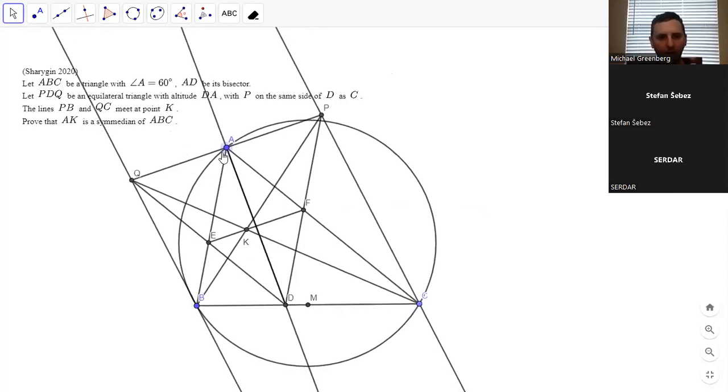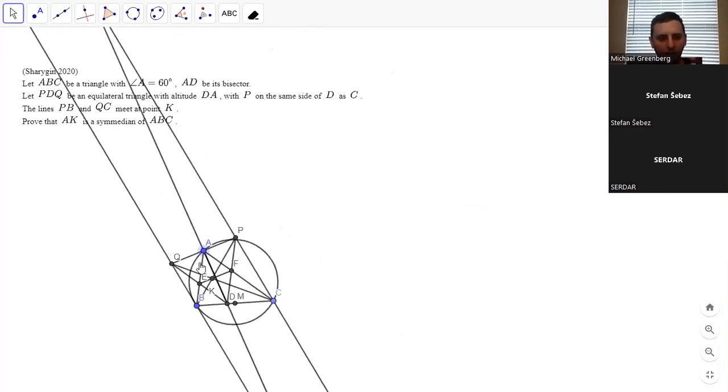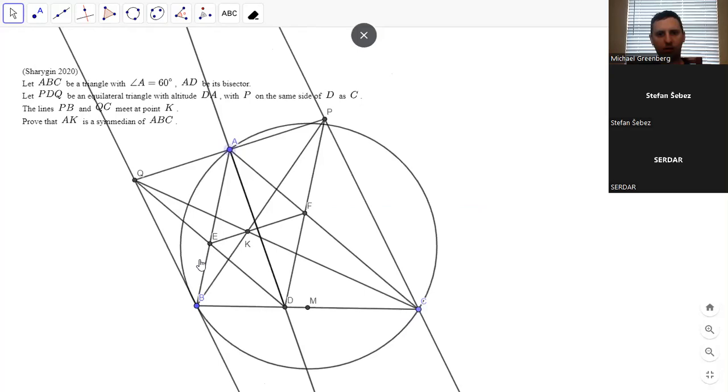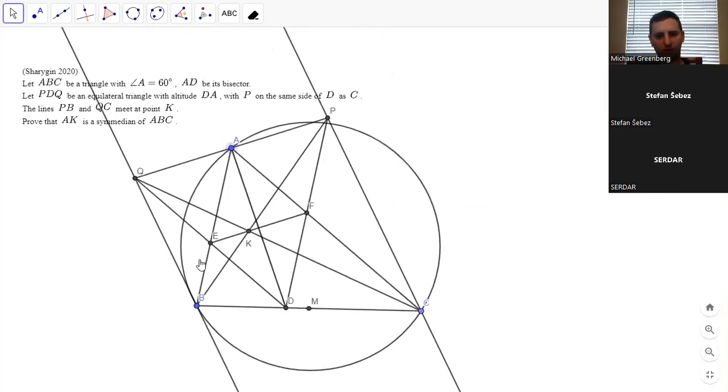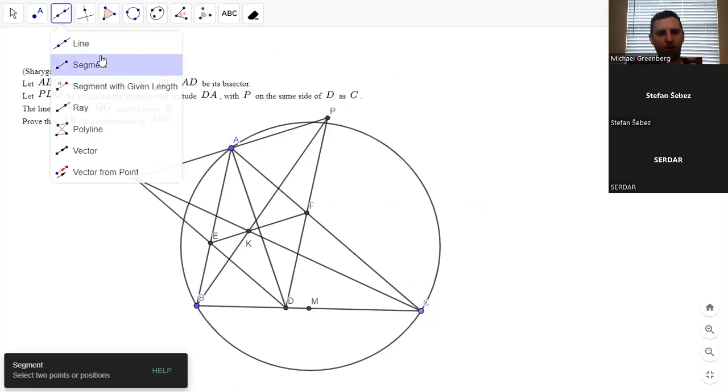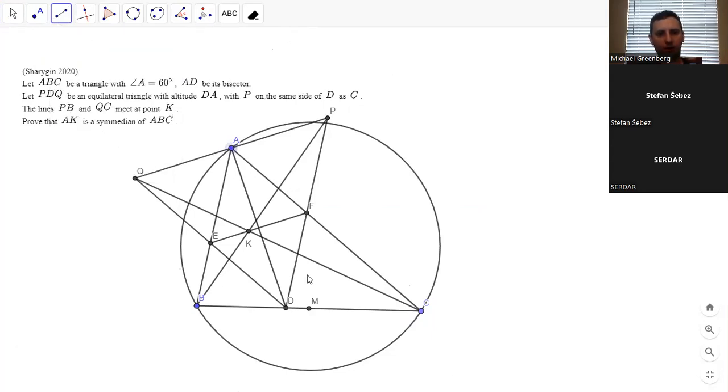Okay, they're not all three parallel. If we prove that QB is parallel to BC, then AM is parallel to both of them, and then we are done by the isogonal line lemma. So you think AM is parallel to both PC and BQ, or it would have to be if the problem were true? It has to be, yeah.